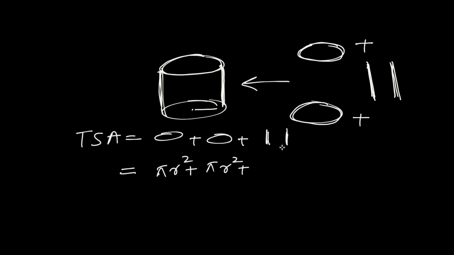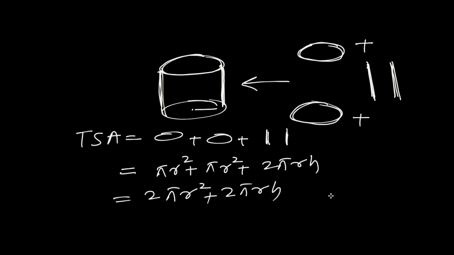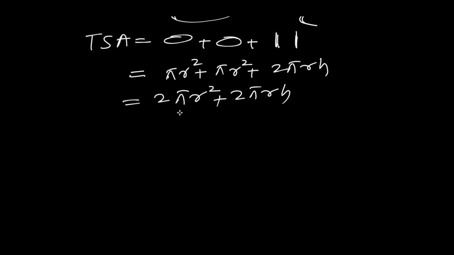This we already found out, which is called the curved surface area. It is 2 pi r h. Now pi r square plus pi r square is 2 pi r square, plus 2 pi r h. Now how are we going to solve this equation? We can take 2 as a common factor, pi and pi we take common, r and r.